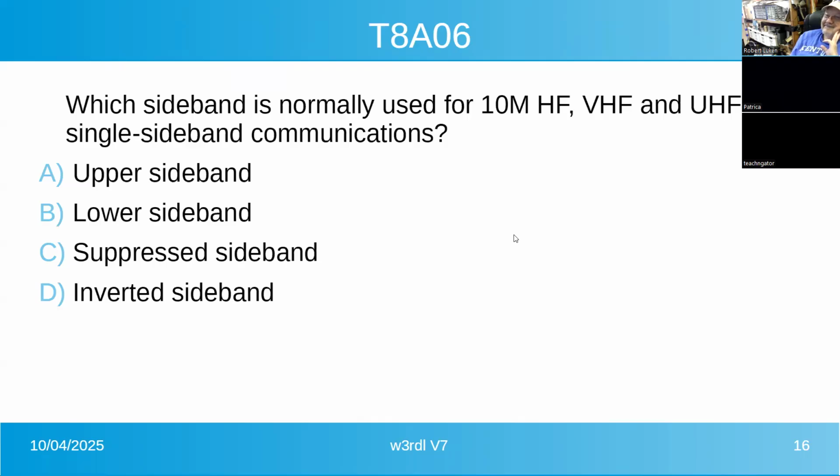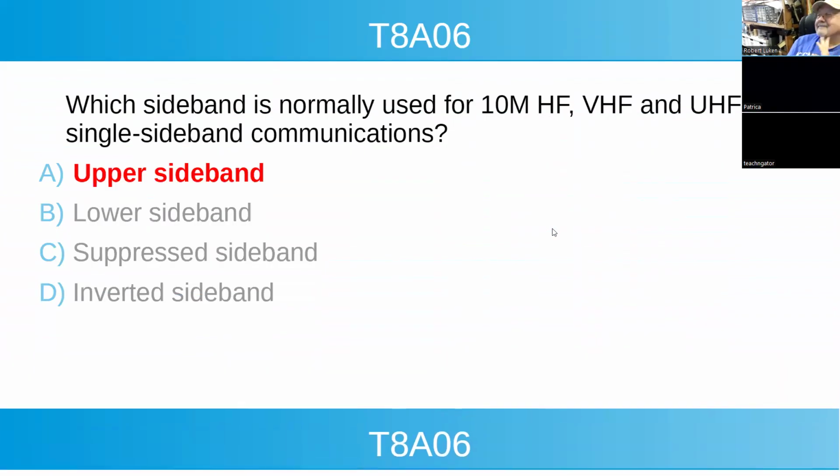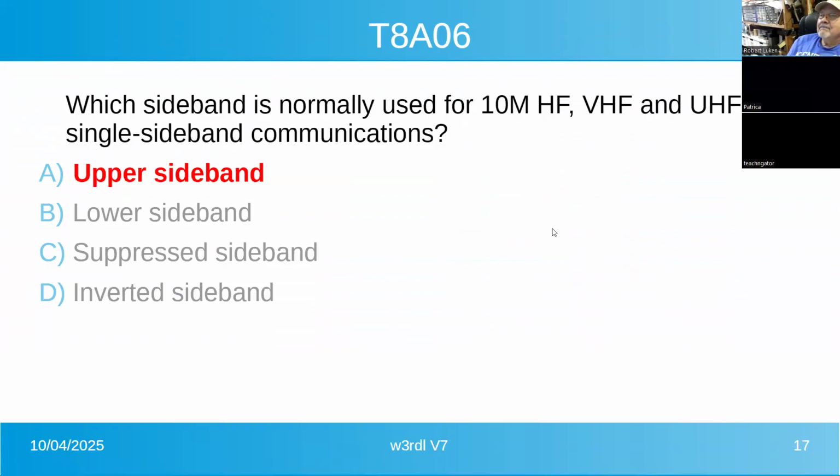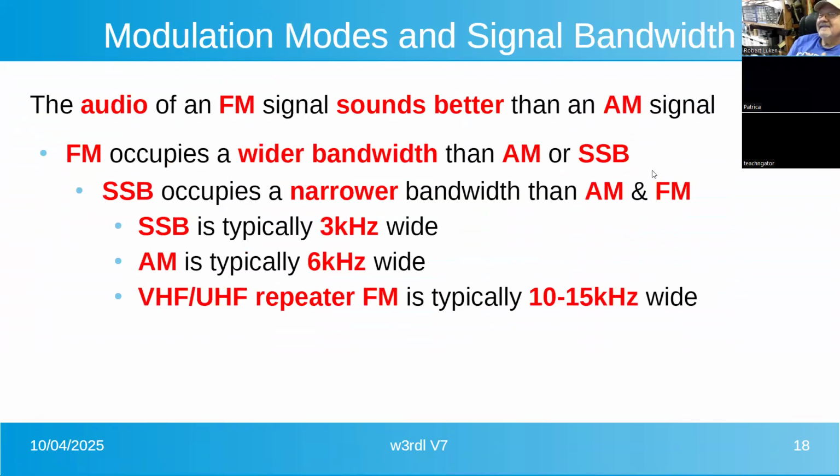Did we guess wrong? 30 megahertz. Where's the divider? 10 megahertz. Okay, yeah, 10 megahertz is the divider. So if 30 is higher than 10, then what? It has to be upper. I missed a step.